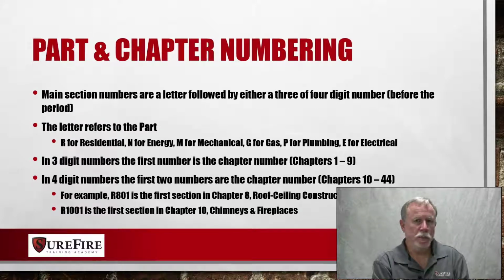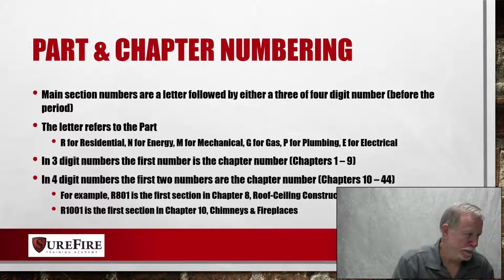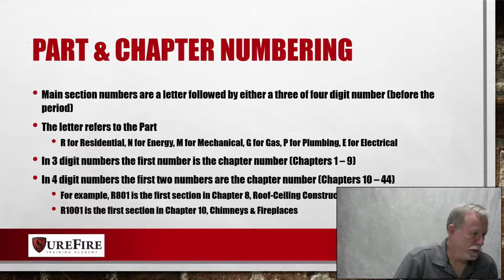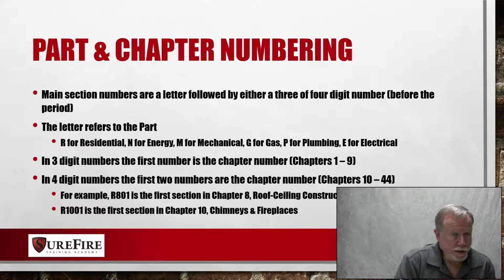Okay, so let's look at the part and chapter numbering. The main section numbers are a letter followed by either a 3 or 4 digit number. For example, R for residential, N for energy, M for mechanical, G for gas, P for plumbing, and E for electrical.